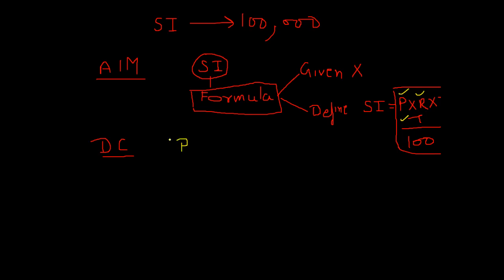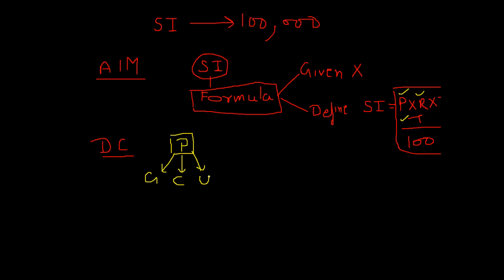The first is P, the principal amount. We have to check whether the value of P is given in the question, or some criteria regarding the principal amount is given, or whether we have to take it from the user. We have to check all the variables against these options.